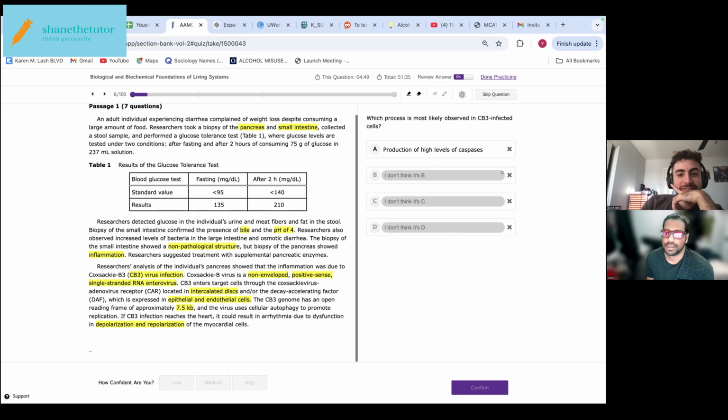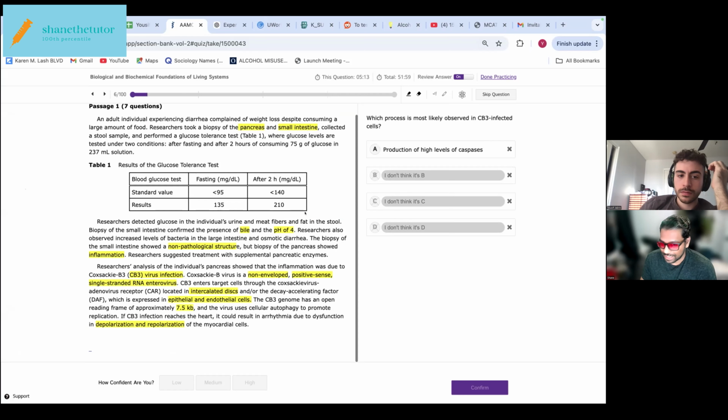Right. So this is an occasion where we don't know what caspases do. But we know from the passage that the virus causes the infected cells to eat themselves.